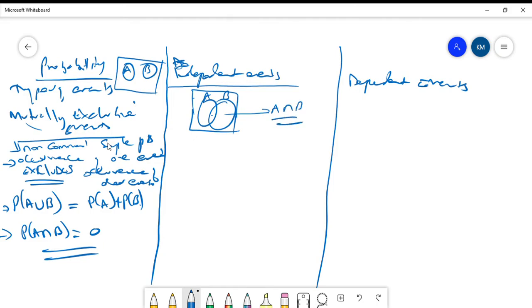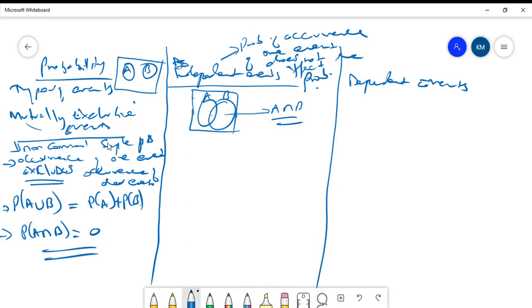It is not an empty set, and therefore there will be a probability for A intersection B. But what makes this event independent is that the probability of occurrence of one event does not affect the probability of occurrence of the other event.